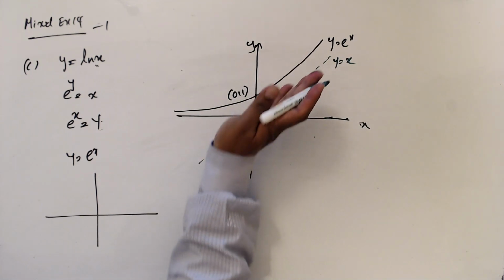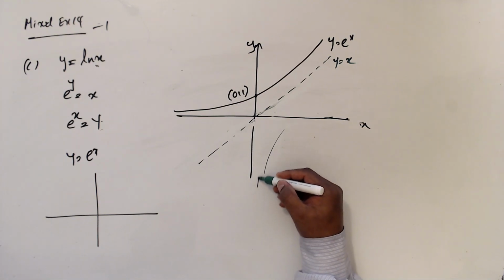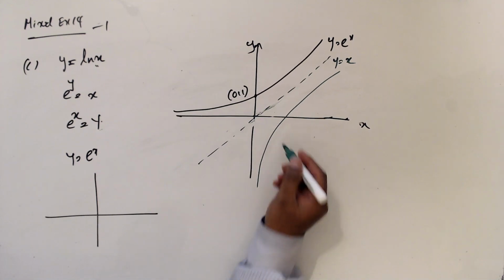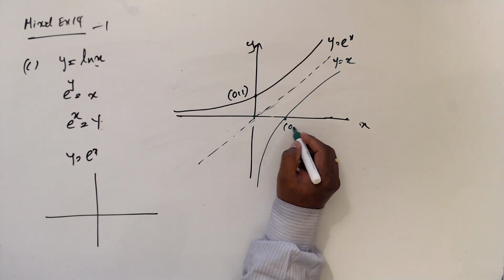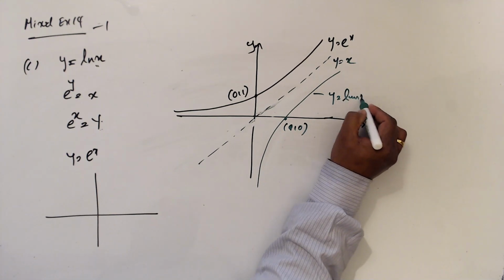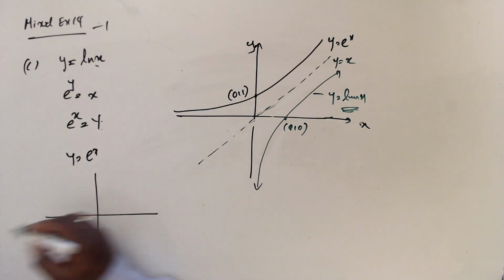Then we keep a mirror here and draw something like this, the mirror reflection. So this goes through 1, 0. So this is y equals ln x. If you can remember, you can straight away draw it.